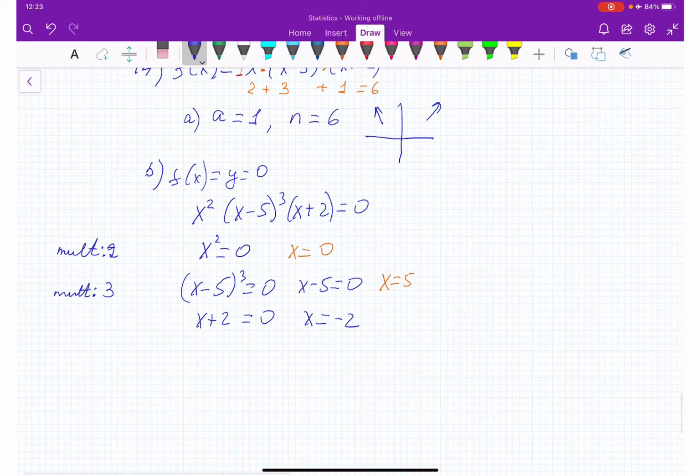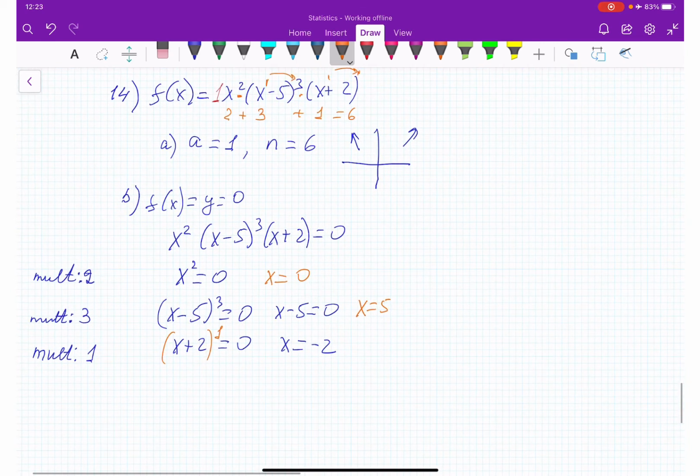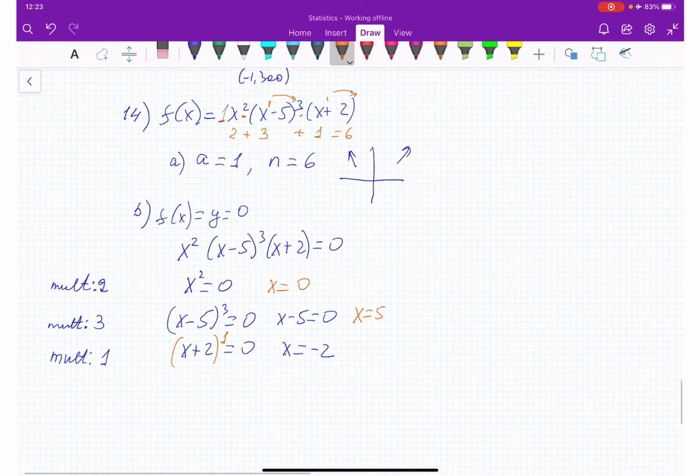And the third one, multiplicity is equal to 1.